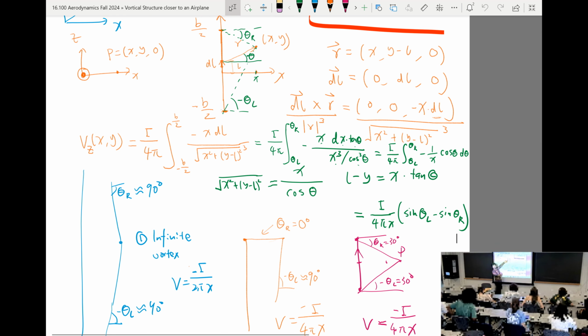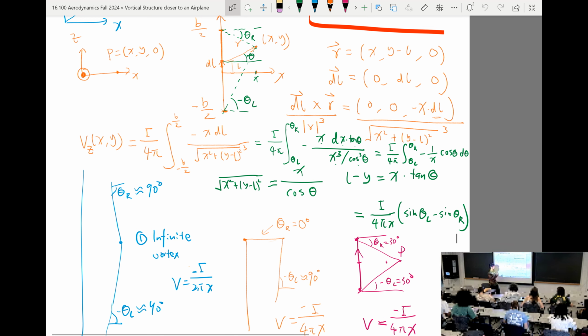Still going to be -90 degrees, right? So the sine theta L is still going to be minus 1. But how about theta R? 0, right? Theta R is going to be exactly 0 because I'm ending exactly at the same horizontal location. So R is going to be in the x direction. There is 0 angle between the R direction and the x direction. So I would be getting minus 1, minus 0.